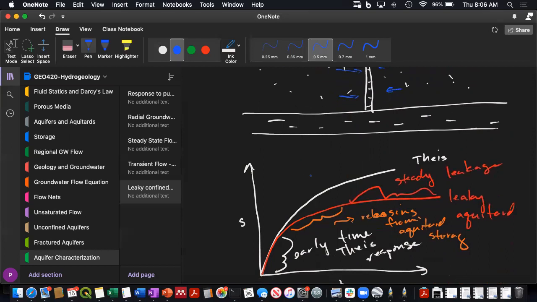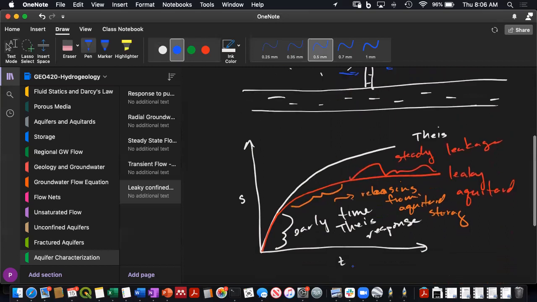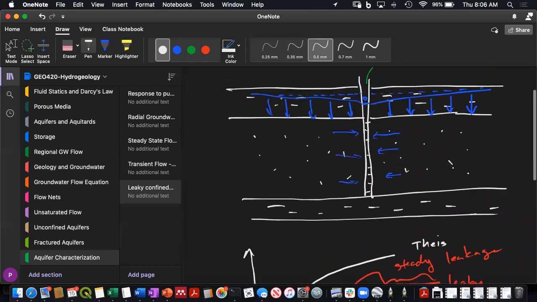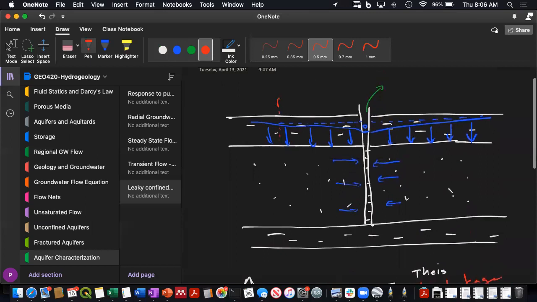If we were to plot the drawdown versus time, does anybody remember what the drawdown is? What you're talking about here would be R sub I, the radius of influence. That's the radius of this cone of depression.